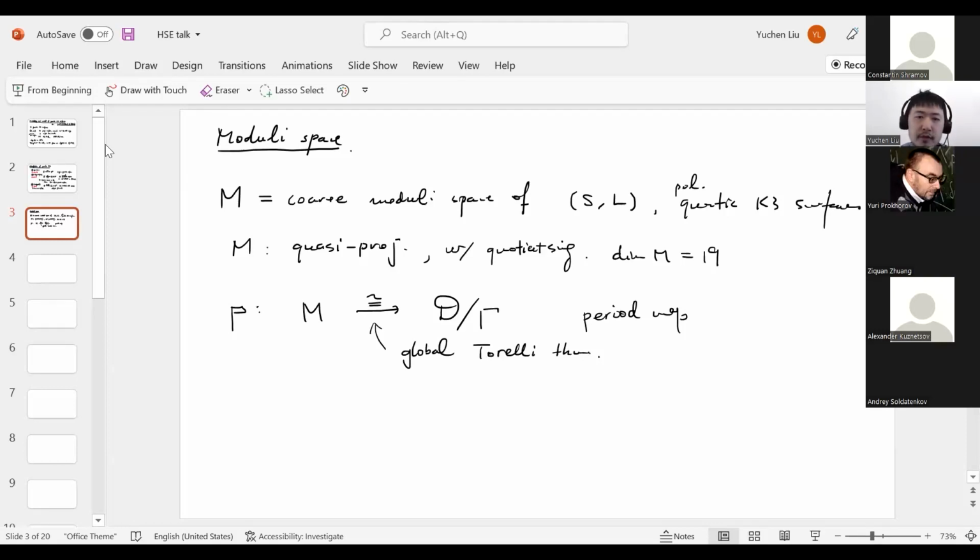Here we just take this notation: F will denote this D mod gamma. Although it is isomorphic to the moduli space M, it is more treated as a type of quotient of a symmetric space.